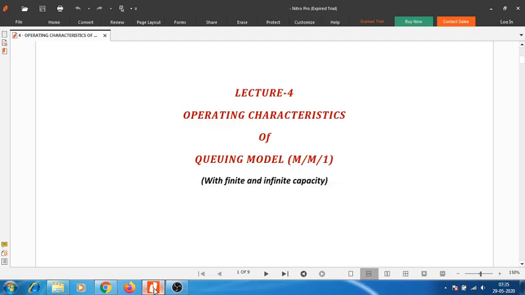The steady state solution is not the only platform for the model. We need some characteristics. Characteristics like what is the busy period of the system? What about the idle time of the system? How many customers are in the queue?